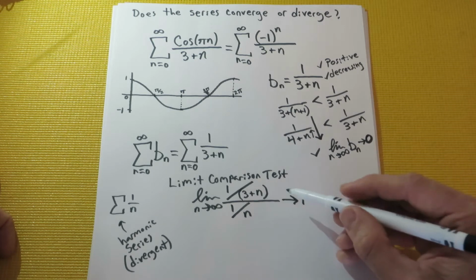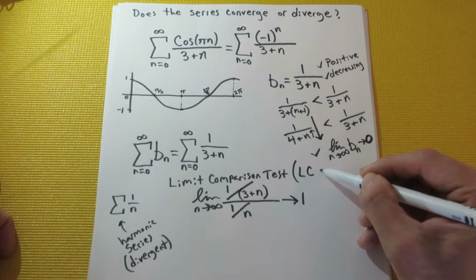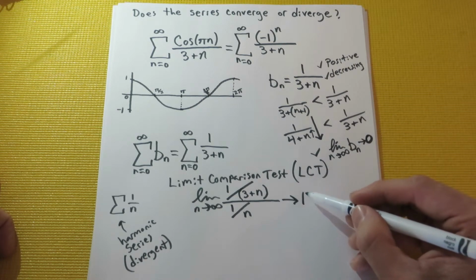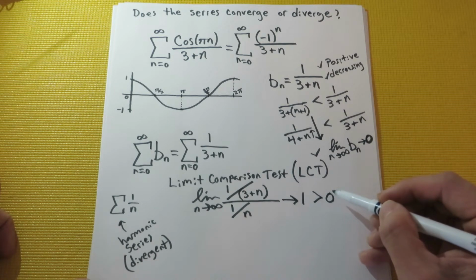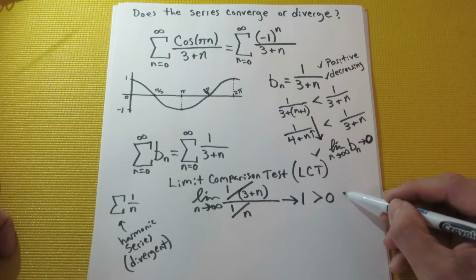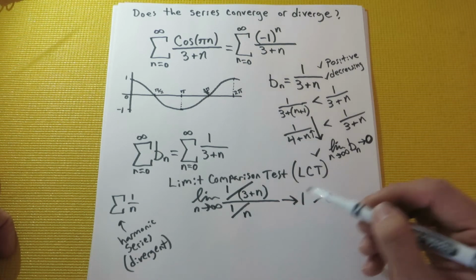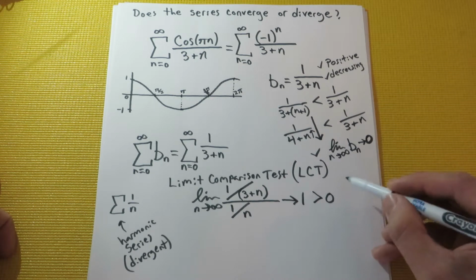And by the definition of our limit comparison test, some people refer to it as LCT for limit comparison test, we know that because this value here is greater than 0, and our denominator here is part of a divergent series, then both of these series will diverge.